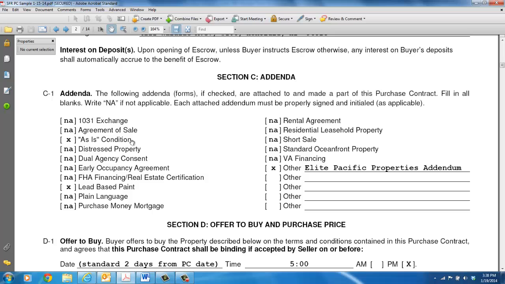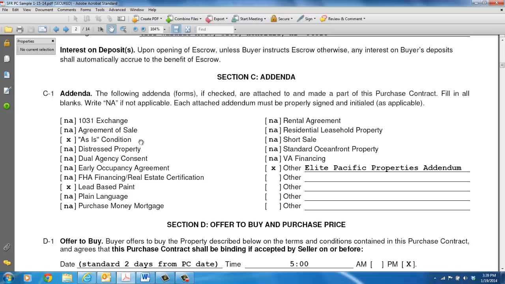It just sets a tone with the seller that you are agreeing to take it as is, but if something comes up in the home inspection that's really crazy and you had no clue about, obviously, that's nothing that you could have foreseen. But it's just one of those things that could help make your offer stronger.